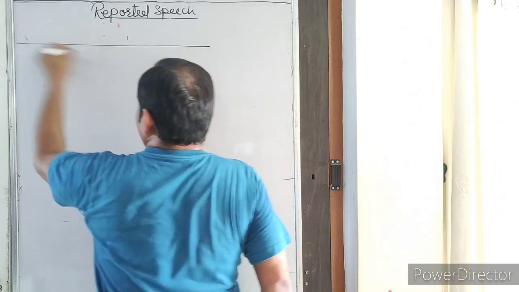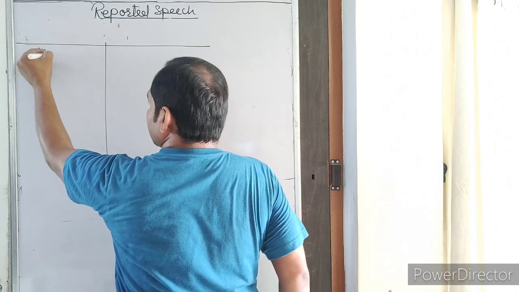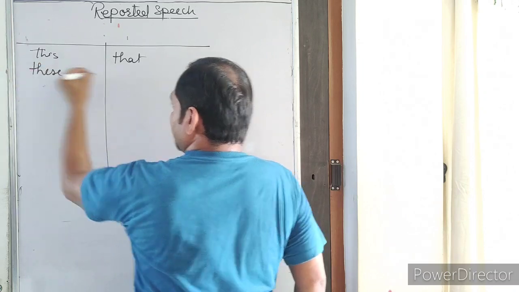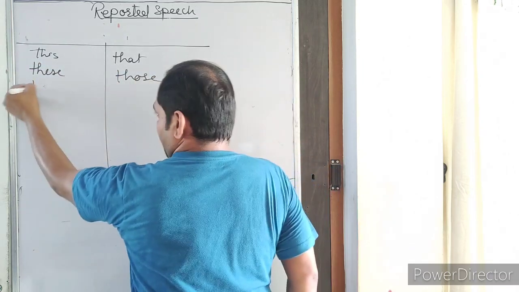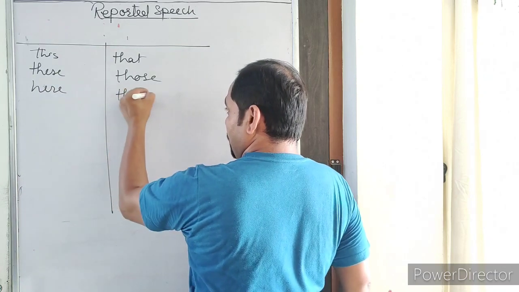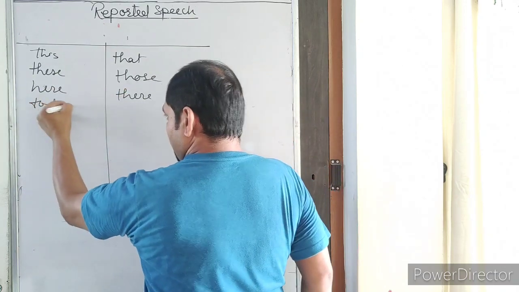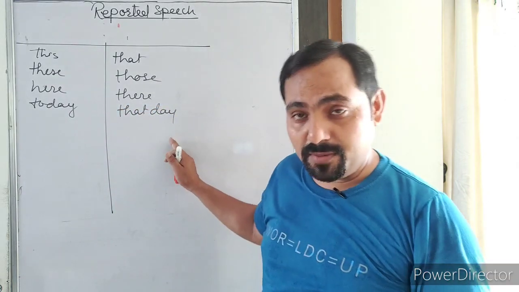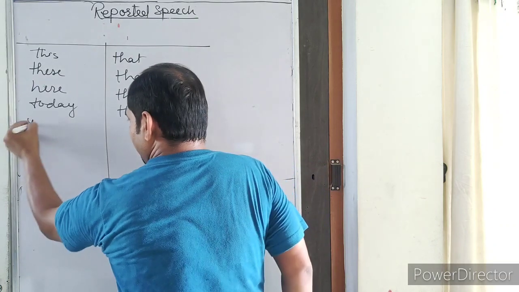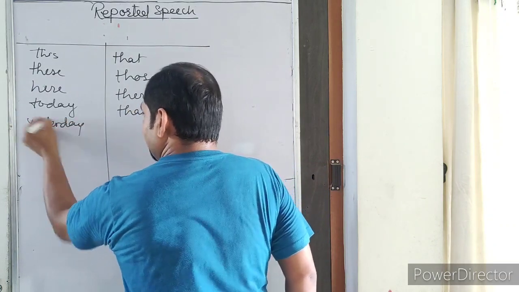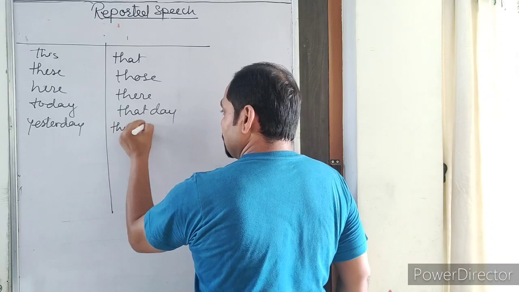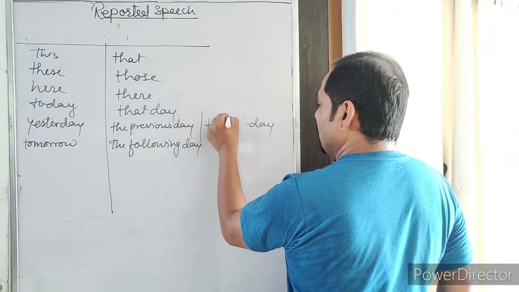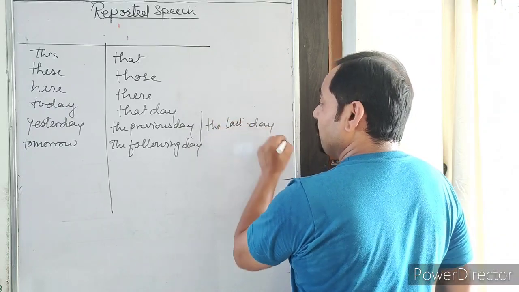This becomes that, these becomes those, here becomes there, today becomes that day, tonight becomes that night, yesterday becomes the previous day, or the last day, or the day before, right?